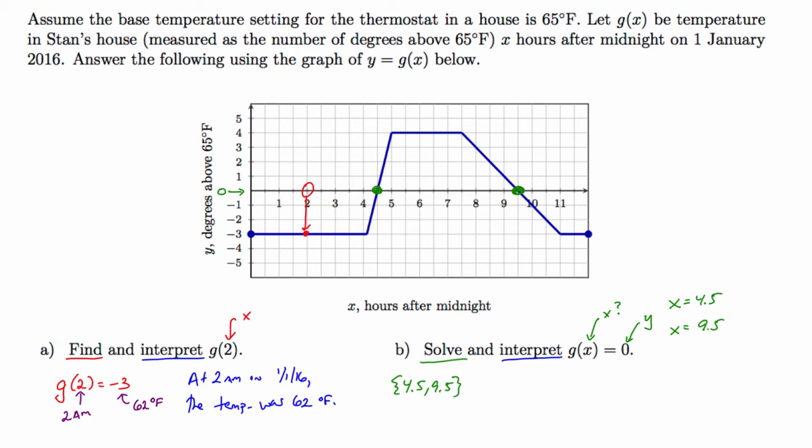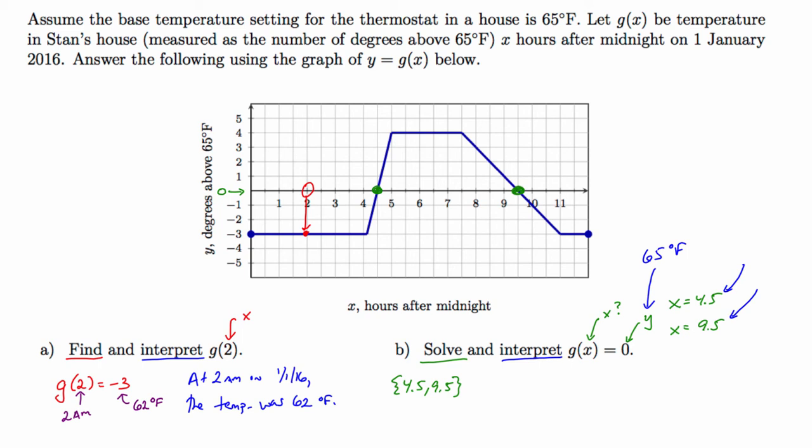In the interpretation, we need to now interpret what a y value of 0 means and what x values of 4.5 and 9.5 represent. So beginning with the y value, since the function output values, or the y values, are the temperatures measured in degrees above 65 degrees Fahrenheit, and we're talking about 0 degrees above 65 degrees Fahrenheit, we're talking about a temperature of 65 degrees Fahrenheit.